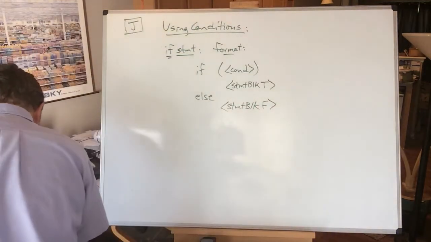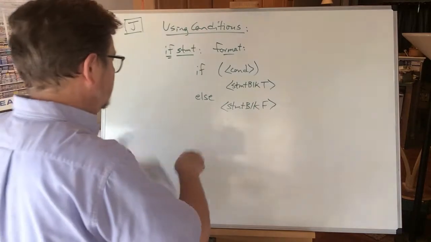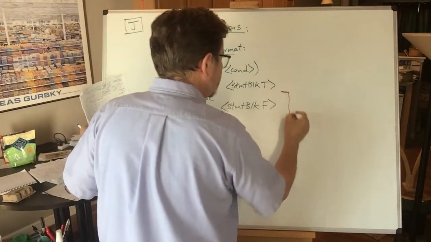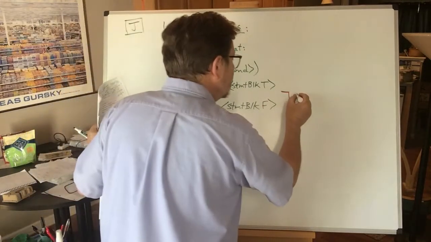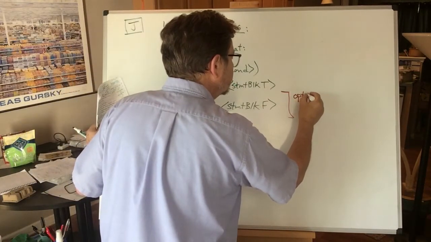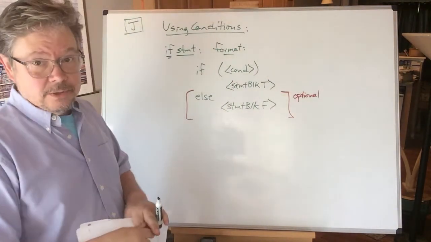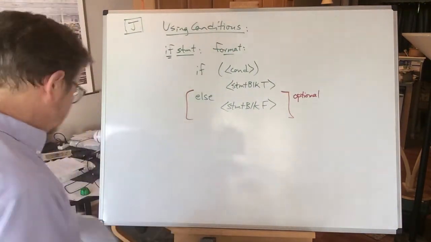I'm going to put brackets around that, which is not part of C++, and label it optional. We might have an if without an else, is what I mean to indicate there.